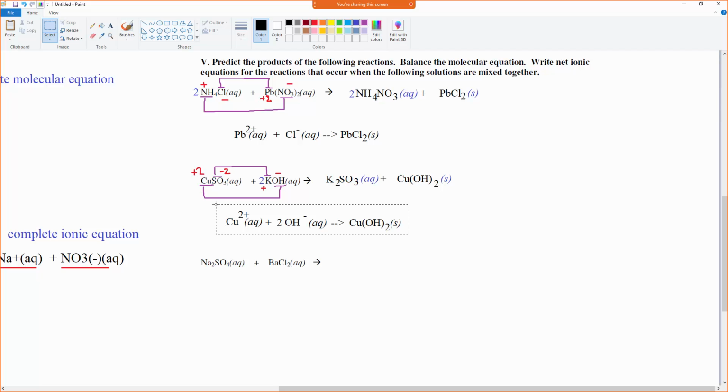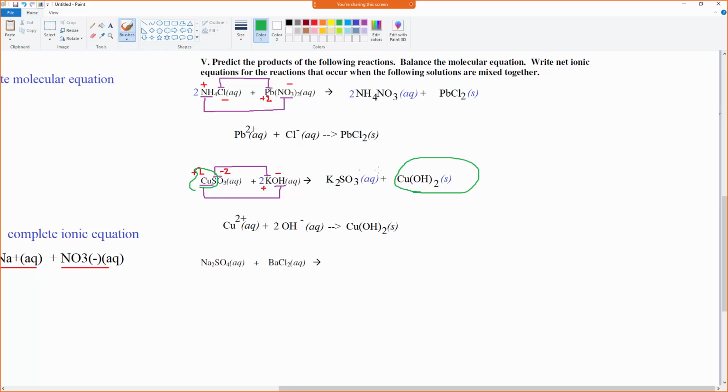All right, how did you know that that was going to be your net ionic equation, Sarah? Perfect. Sarah says those are the things that reacted to form the solid. So when she said, okay, I need the net ionic equation, she says this is the solid, so that's my product, and the copper must have come from here, and the hydroxide must have come from here.